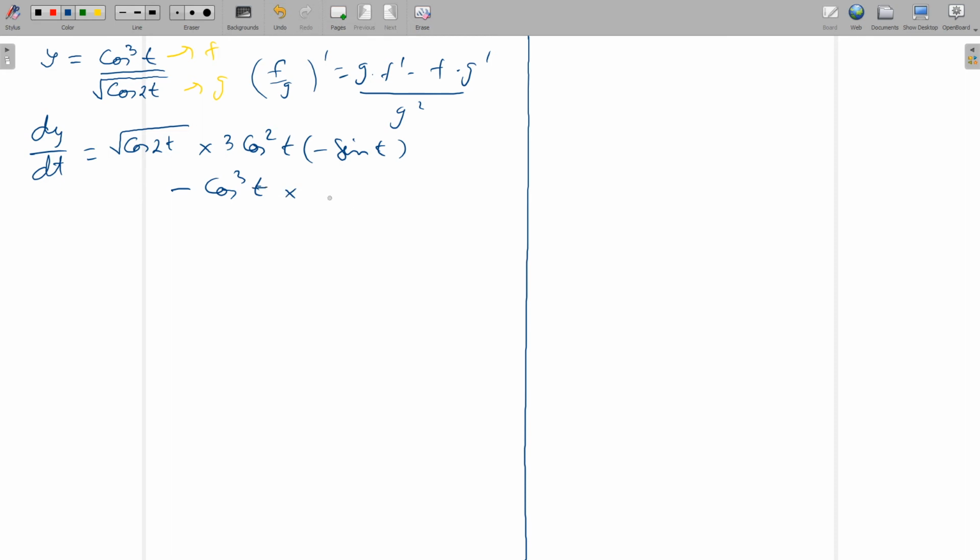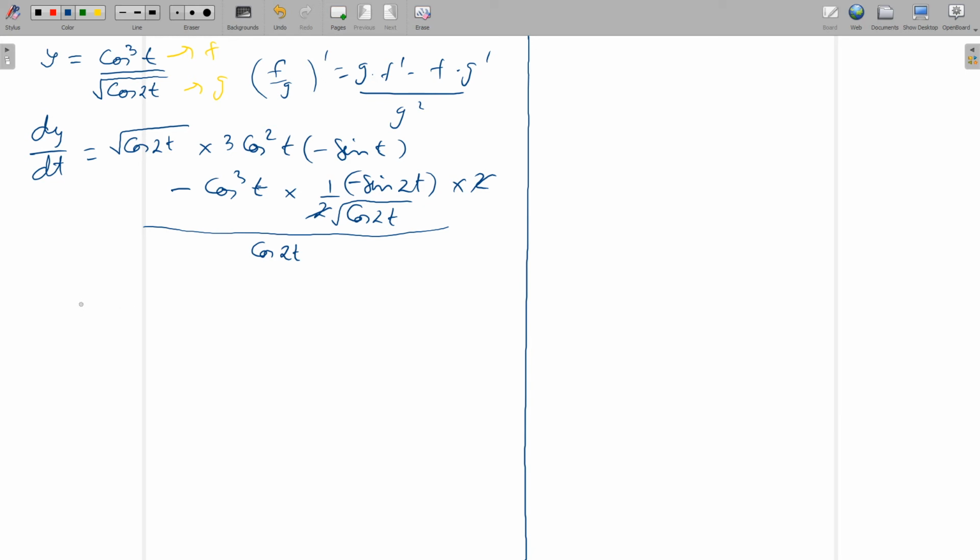We know the derivative of root x is 1 by 2 root x, so 1 by 2 square root of cos 2t. Then we differentiate cos 2t, that is minus sin 2t, and the differentiation of 2t is 2. So this 2 and 2 will cancel out, and this whole divided by g square, that is cos 2t, because the square of root of cos 2t is cos 2t.